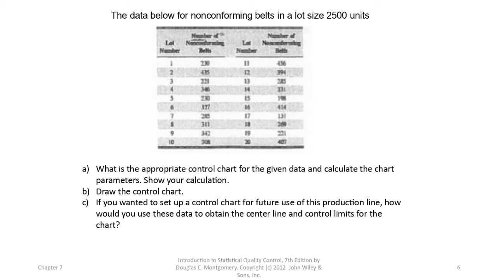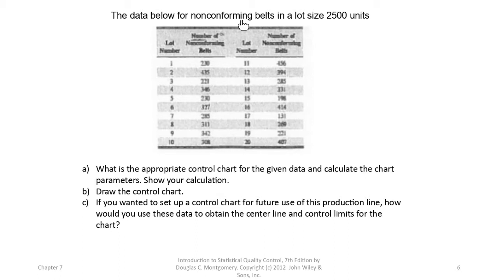So here, the first requirement for this question, part A, is: what is the appropriate control chart? So we have to identify the type of control chart. First, when we have data, we have to identify whether it's variable or attribute, and then we decide based on the decision criteria underneath each category.